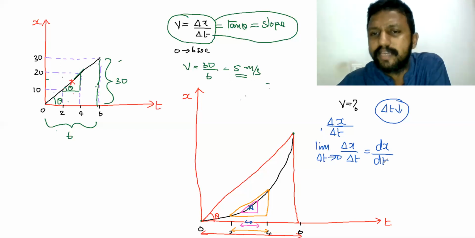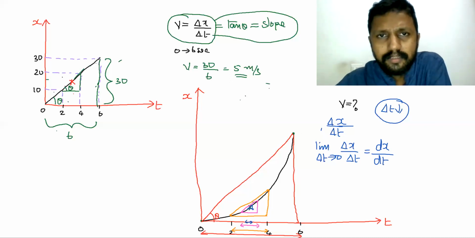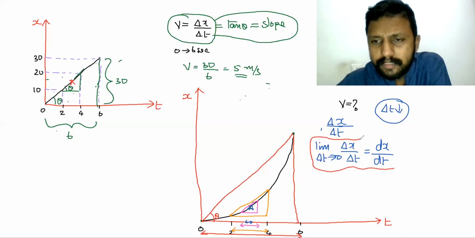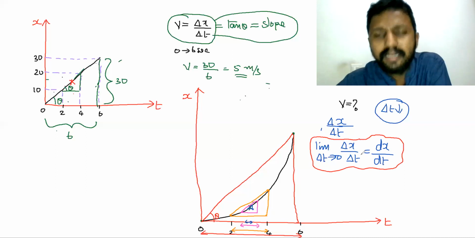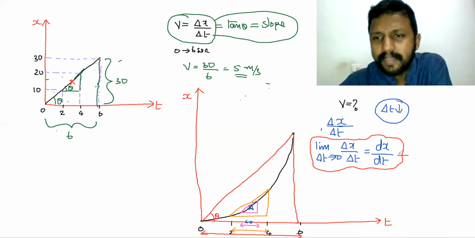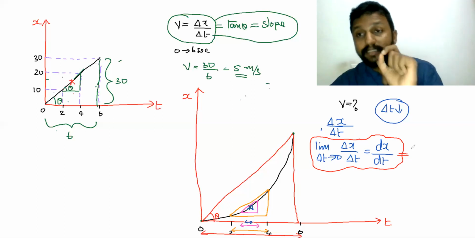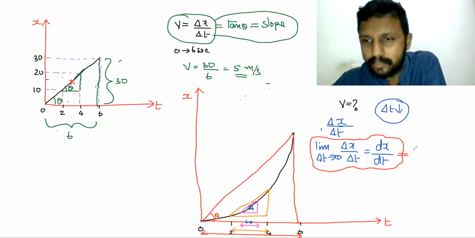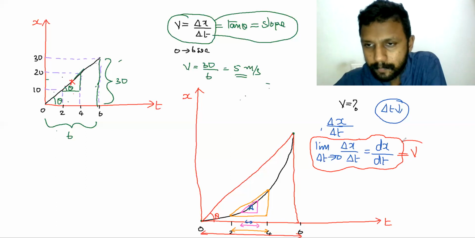Yes, this is derivative. Therefore, this is the connection with differentiation in our physics. Limit delta t tends to 0 delta x by delta t is called dx by dt, and dx by dt is the instantaneous velocity, therefore v.